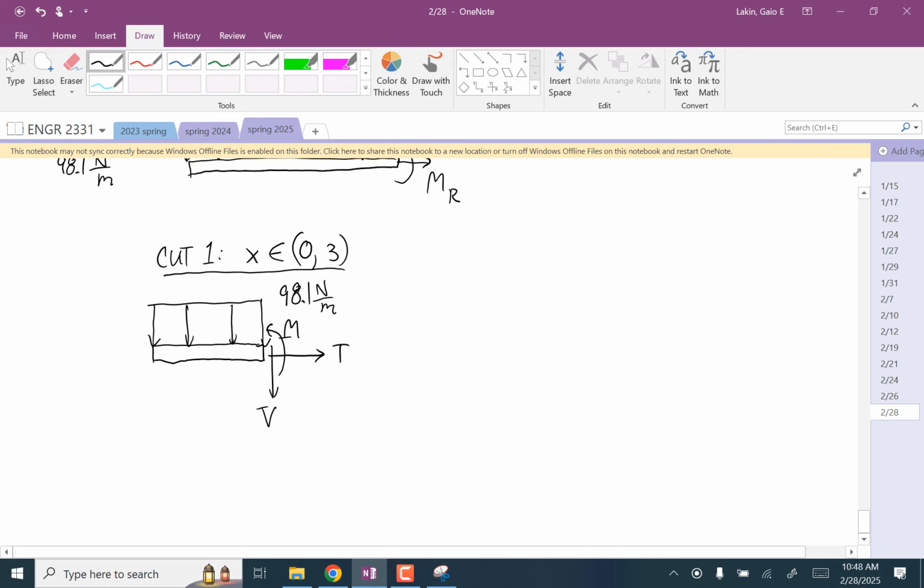And so before we can do any calculations with this distributed load, we have to come up with the equipollent point force for this. So let's think about this rectangle. Our cut has a length of x. So this rectangle has a length of x and a height of 98.1.